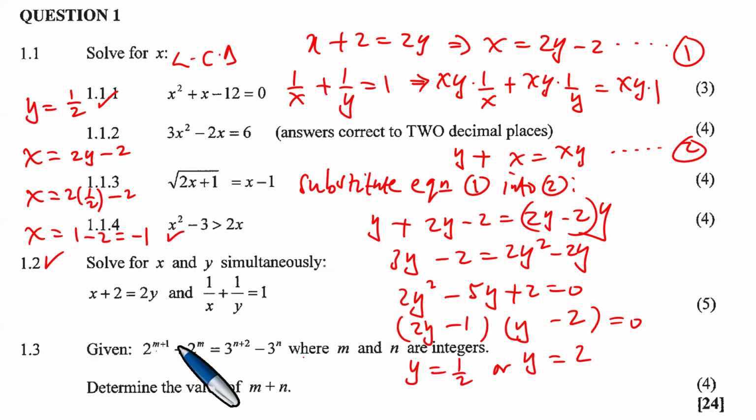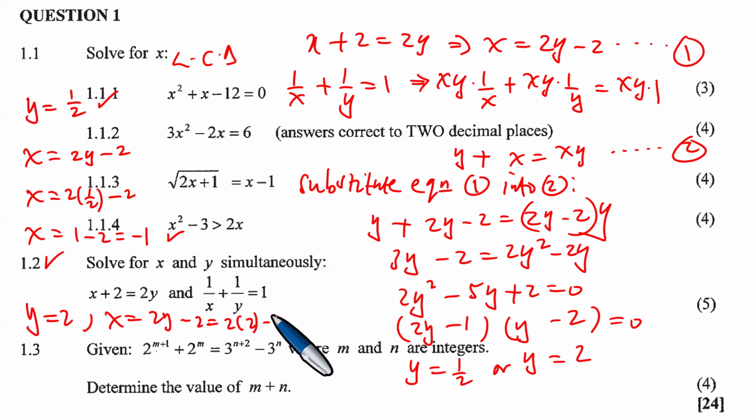We continue to say whenever y is 2, our x is 2y minus 2, which is 4 minus 2, which is exactly 2.